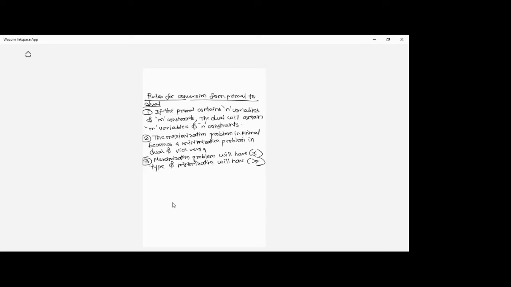This is to be remembered. Hence we can write that constraints of less than or equal to type in primal become greater than or equal to type in dual, and vice versa.